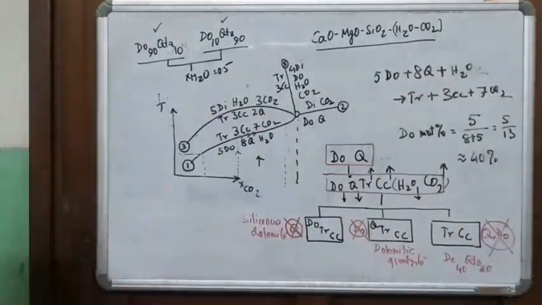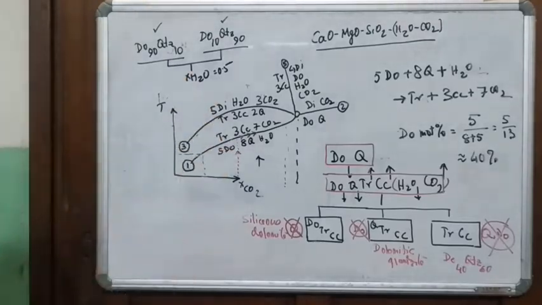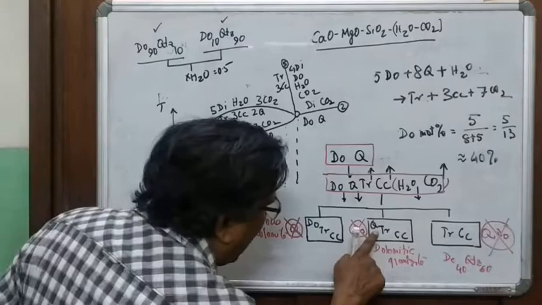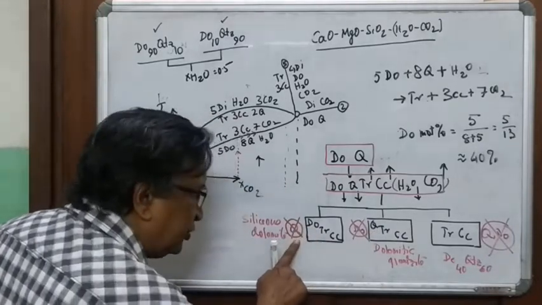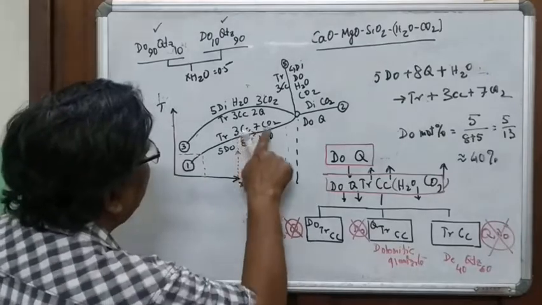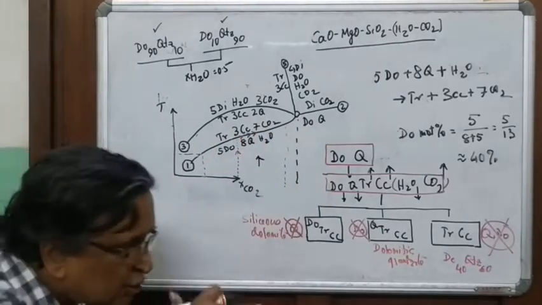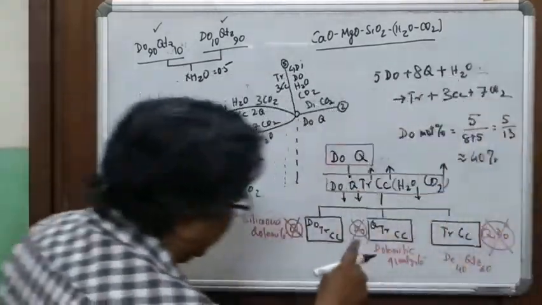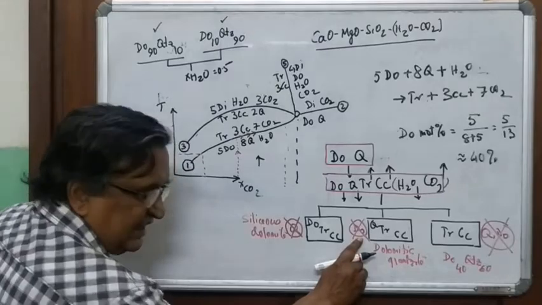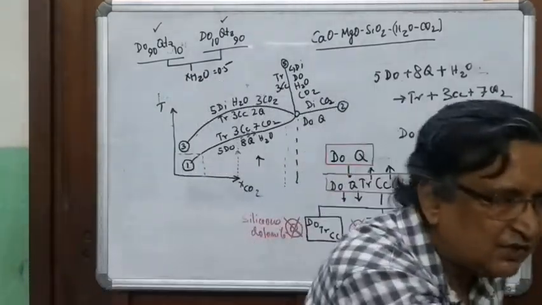Now you see here, as you go up pressure, as you go high temperature, and if quartz is consumed, then one phase is less, so the variance has to increase. Here, one phase is less, so the variance has to increase.